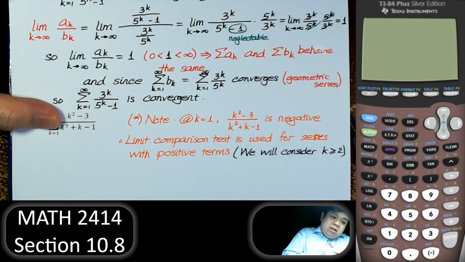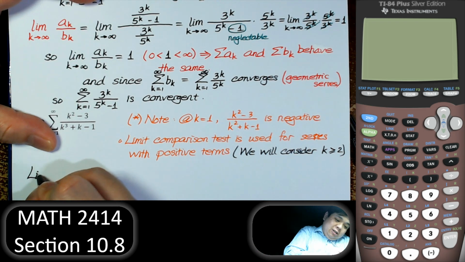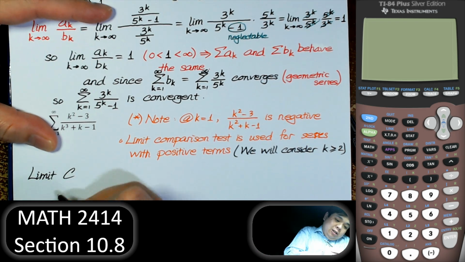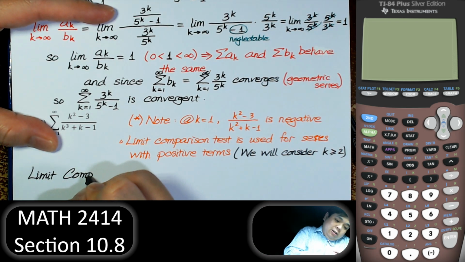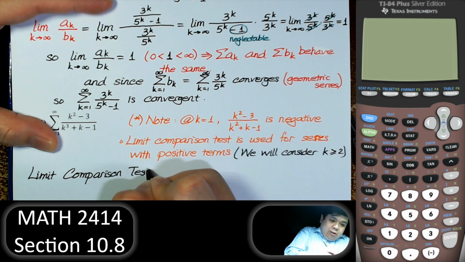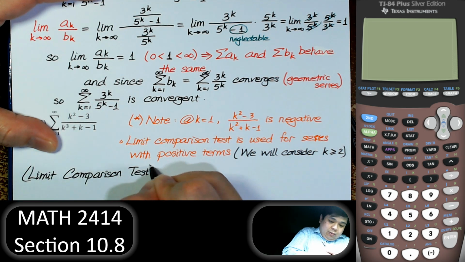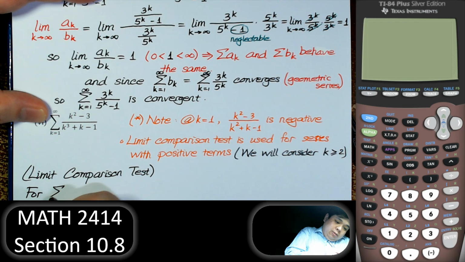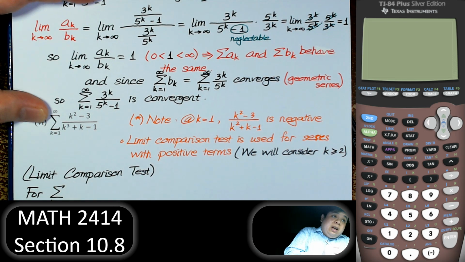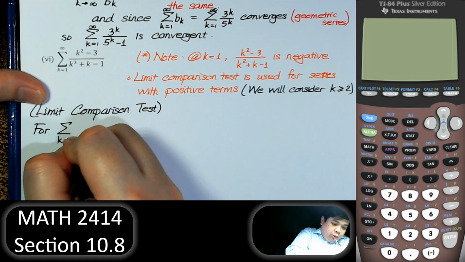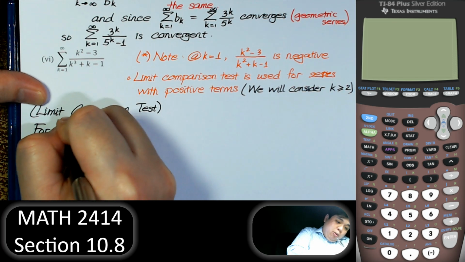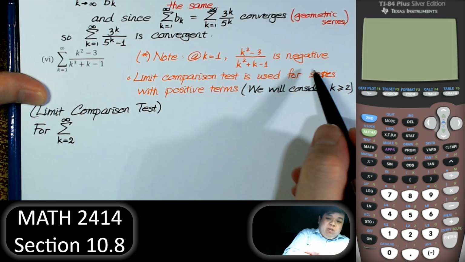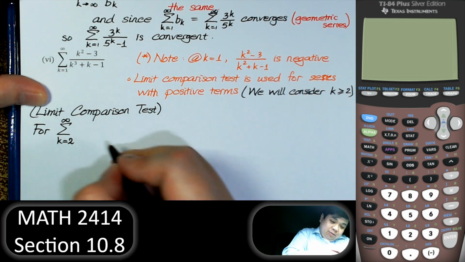So limit comparison test. Like I said, now we will go from 2, so we don't have to worry about the negative term.